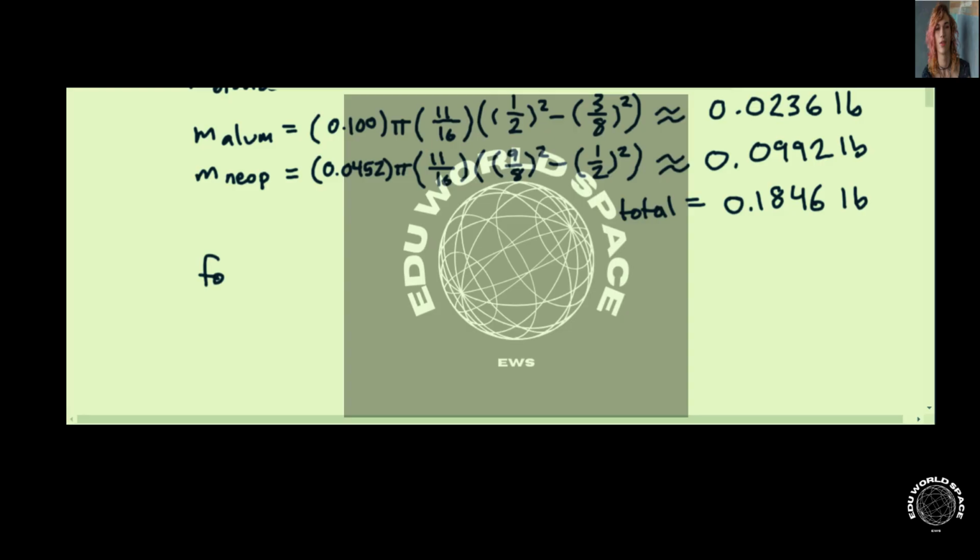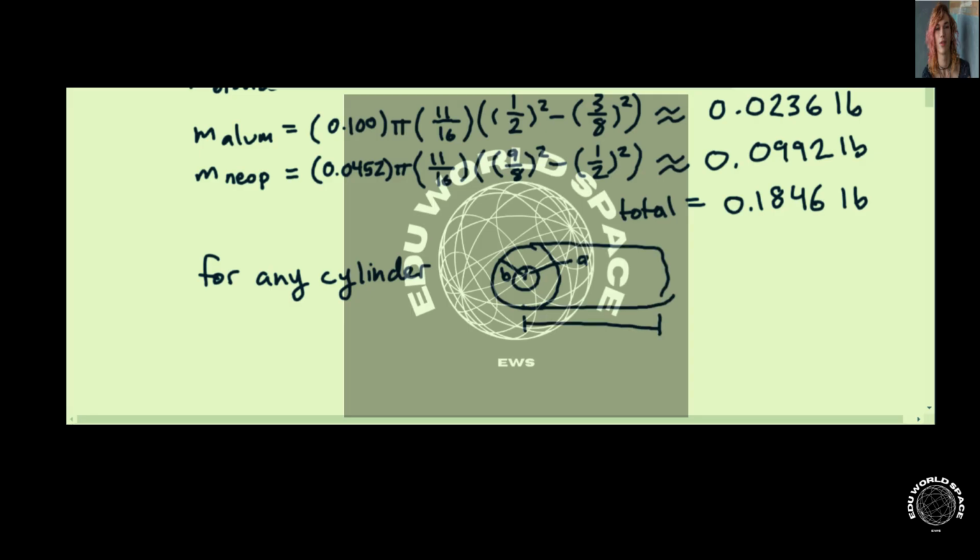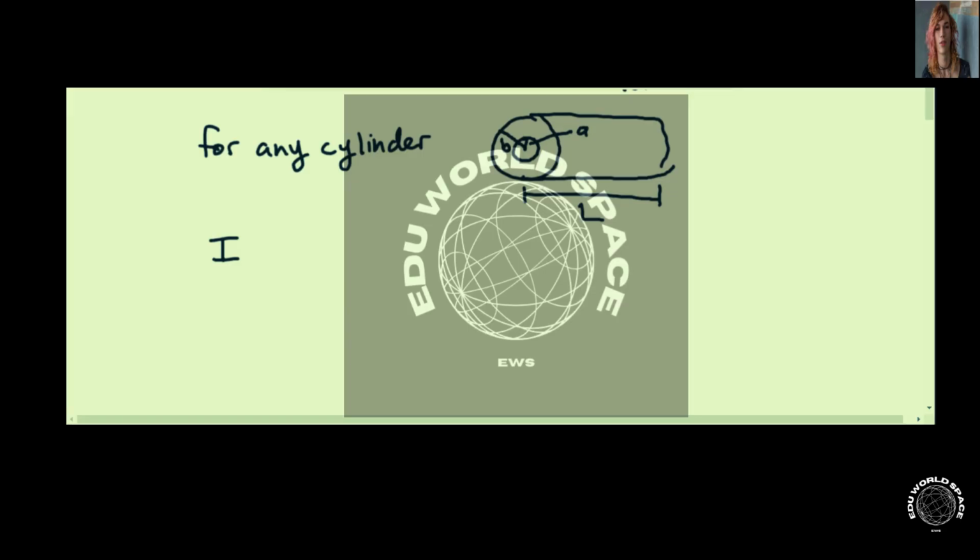So for any cylinder that has a density rho, an inner radius a, an outer radius b, and a length L, the moment of inertia of the cylinder around the central axis is given by the integral of r squared times dm. This becomes a 3D volume integral if we know the density.